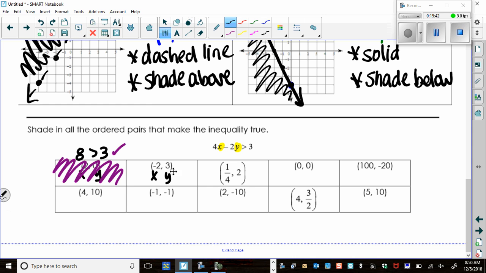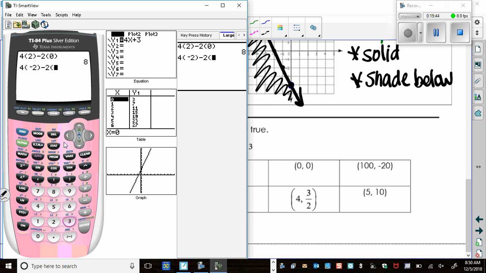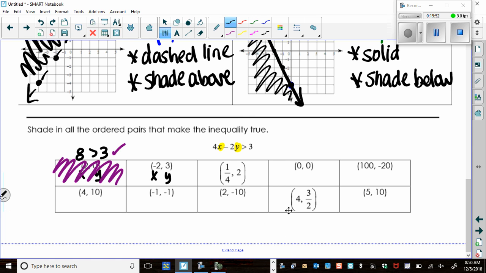And my y value is 3. So I'm going to put a 3 in there. Okay, and enter. I get negative 14. So if I go back to here, negative 14 is greater than 3. Notice how this is a false statement. That is not true. So I can't shade in that particular point.